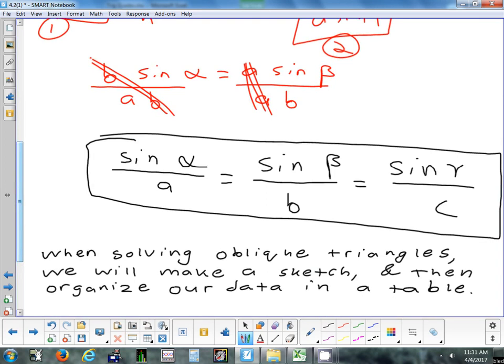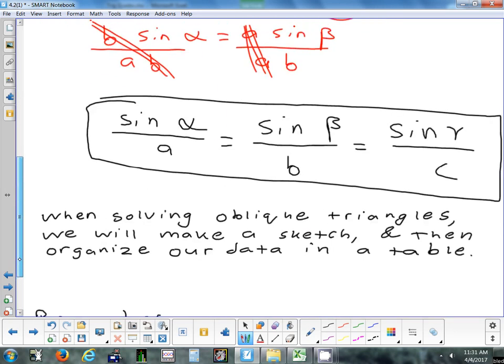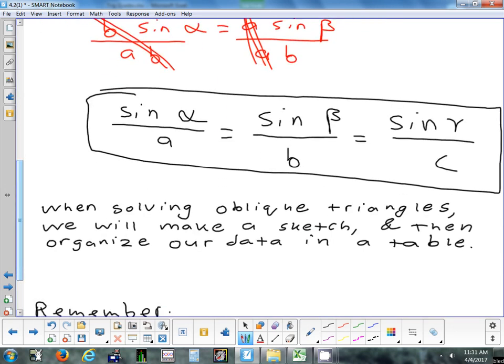Okay, we're going to set up a table just like we did last week. Make a sketch. We're going to put our three sides in one column, three angles in the other column. Now we can't use Pythagorean theorem anymore because we don't know if we have a right angle. Most of the time we won't.